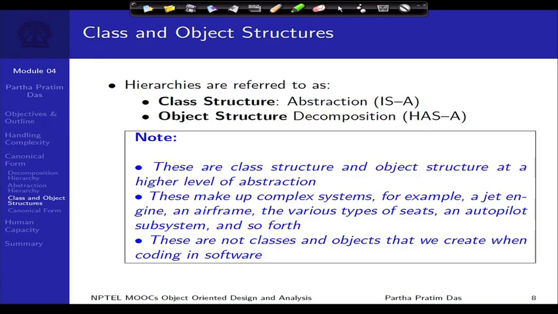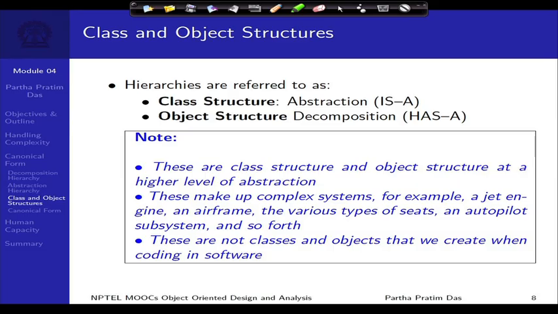Now, these two hierarchies are typically referred to in terms of two structures known as the class structure and the object structure. The class structure gives us the abstraction hierarchy and the object structure gives us the decomposition hierarchy. We will show why it is this way.